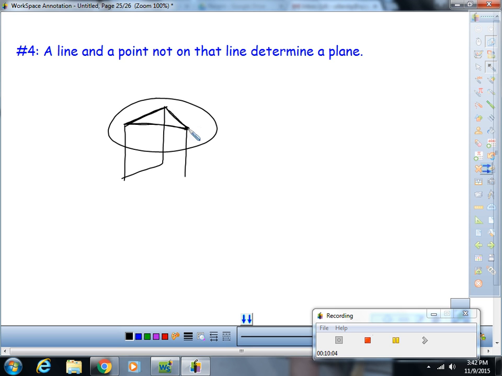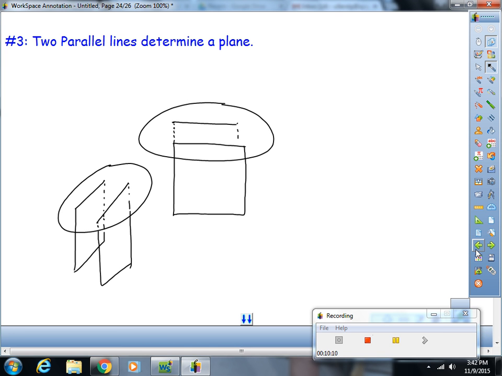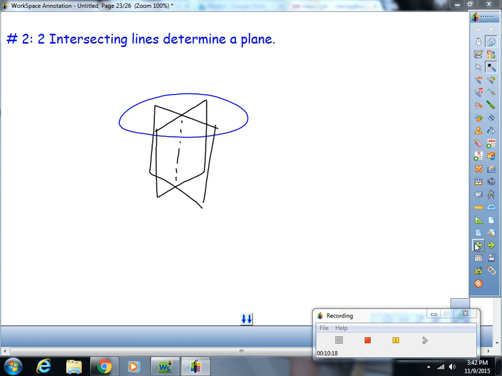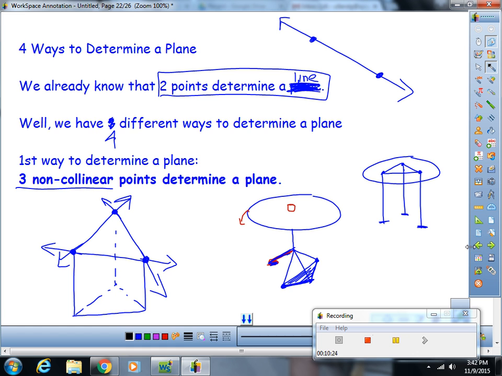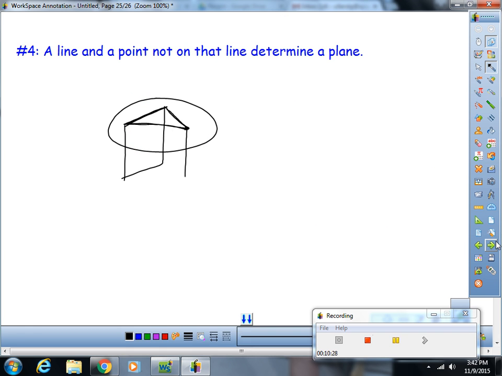Okay, so basically anything that makes a triangle or a combination of triangles here, and we got our triangle here. Anything that makes a triangle defines a plane.